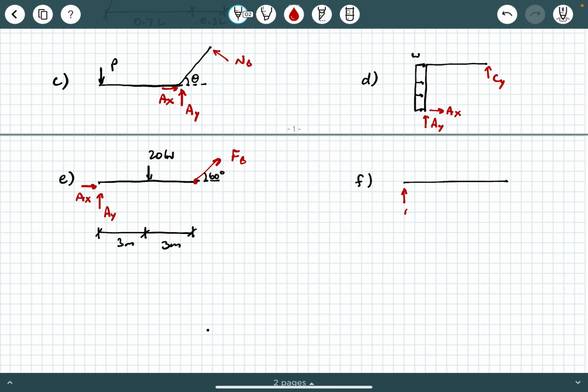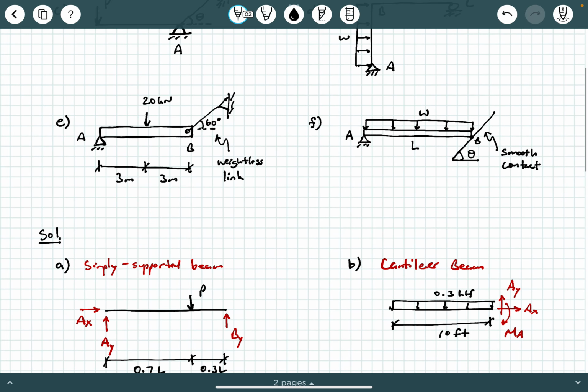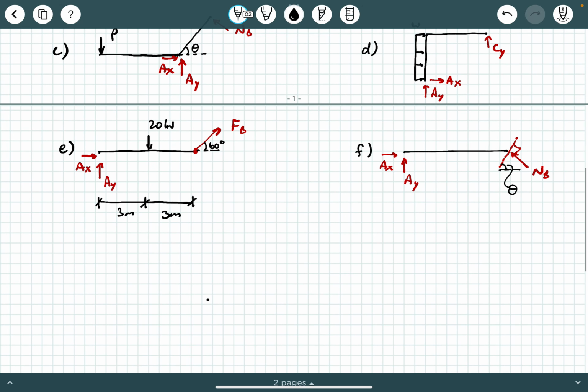That external hinge is going to have an AY and an AX, and that smooth contact surface is going to develop a normal force in B. Now that normal force, remember, is going to be at a right angle to that surface that is at an angle theta, okay? And then we have the applied load and the length here, so we know that that's a length L, and that's the applied load W, okay?